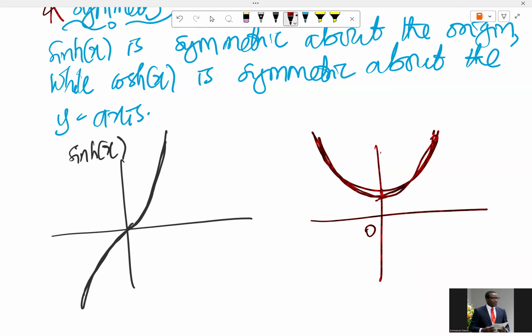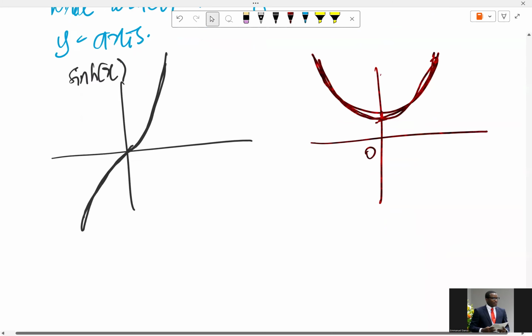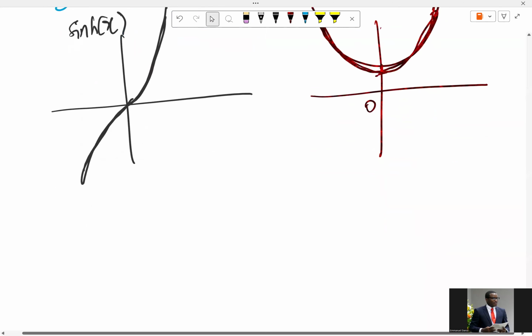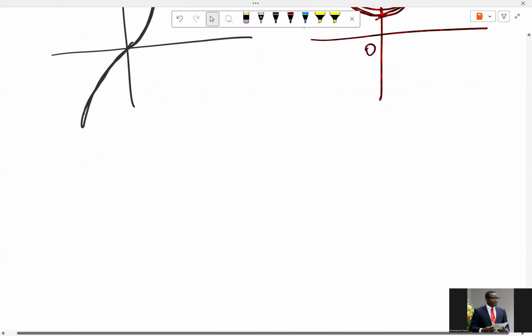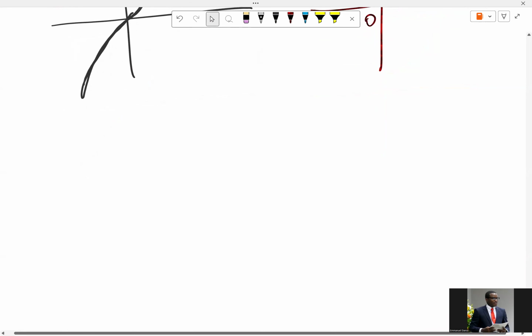Okay, so let's talk next about comparison and applications. How do we compare these functions, and what are the applications? So let's compare them with trigonometric functions.